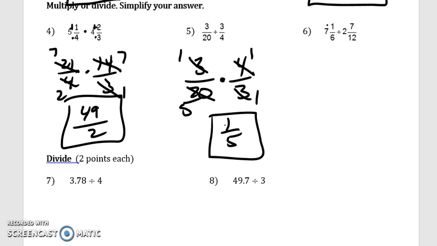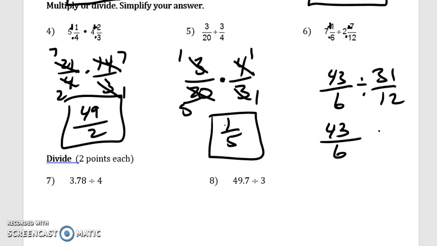All right. Question number 6 kind of combines the previous two. We need improper fractions first, so I'm going to multiply and then add. That gives me 43/6. And then 12 times 2 is 24 plus the 7, 31. So that's 31/12. Because it's a division problem, I rewrite it: 43/6 times 12/31.